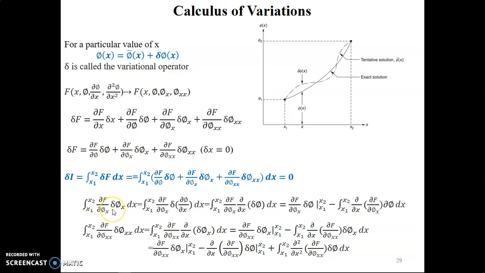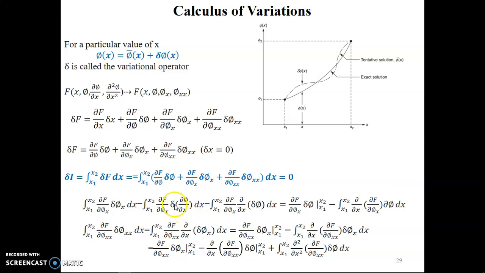One of the important characteristics of the variational operator is that it can move inside and outside differential and integral operators without any change in the values of the functions. So it can be written as the partial of f by the partial of phi x, and now we will be replacing phi subscript x with the first derivative of the field variable with respect to x.